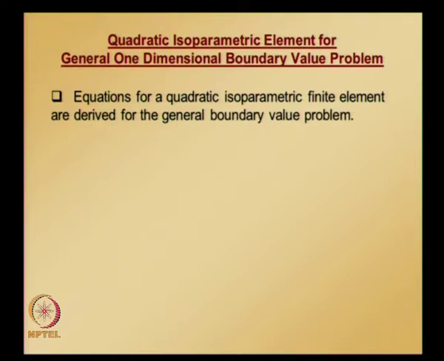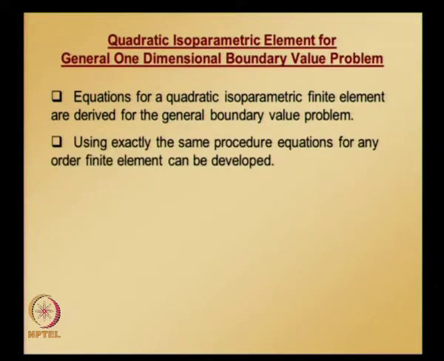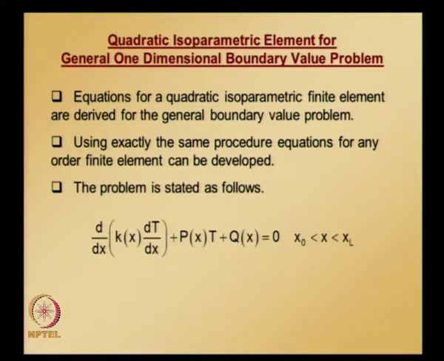So equations for a quadratic isoparametric finite element are derived for general boundary value problem using exactly the same procedure. Equations for any higher order finite element can be developed, and the problem statement is as follows, for which we are going to develop the element equations.